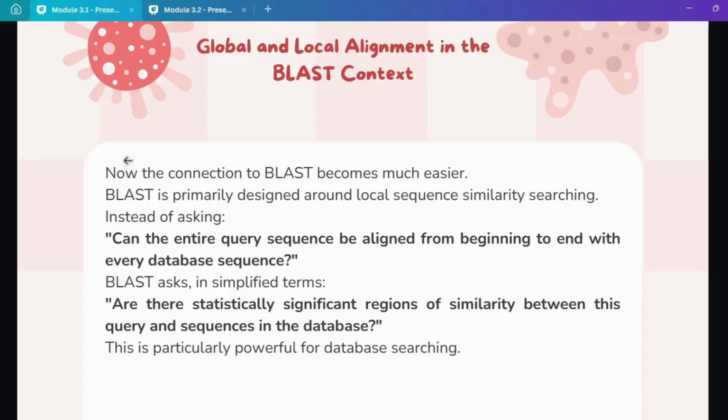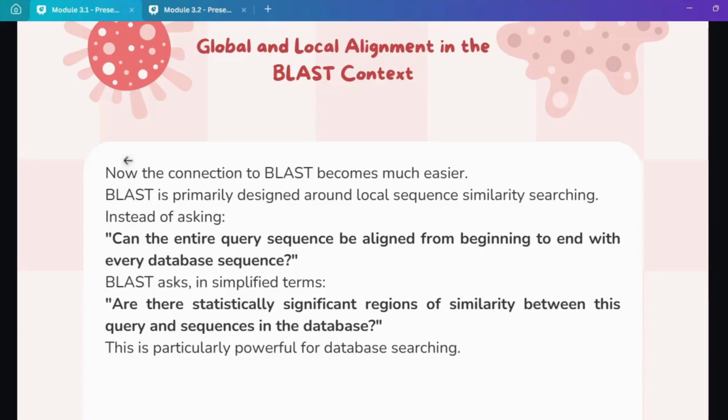So in BLAST, we simply find the significant regions of similarity between our query sequence and the sequences in databases.